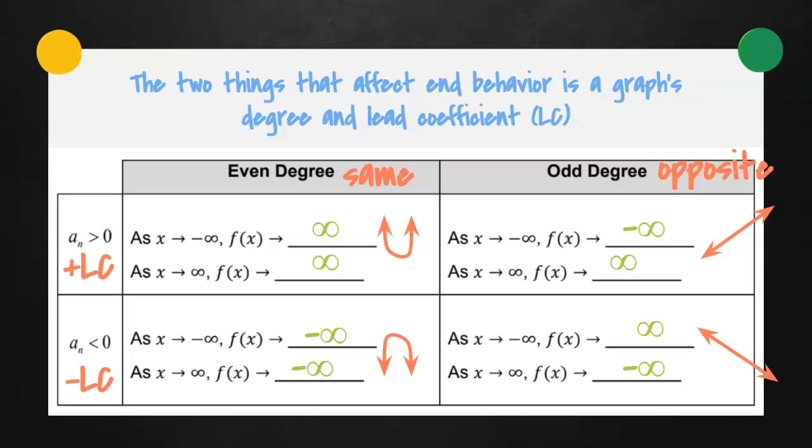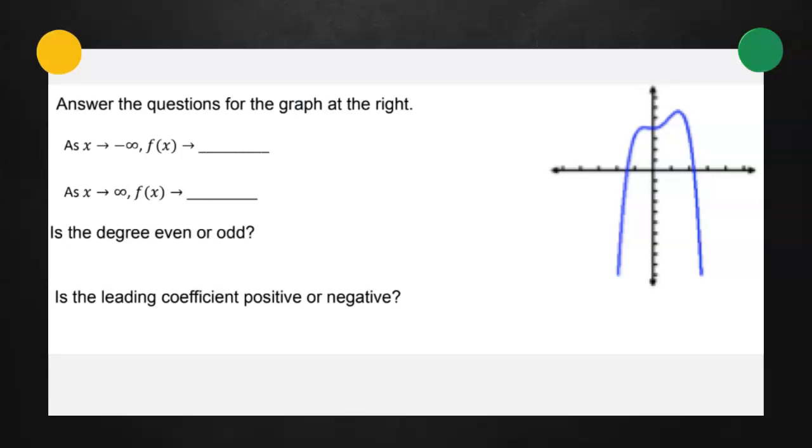Now let's look at some examples together. Given a graph, you'll see as x approaches negative infinity, my function is approaching negative infinity. And as x approaches positive infinity, again, my function is approaching negative infinity. So is the degree even or odd? You'll notice that both ends of your graph are pointing in the same direction, so the degree is an even degree.